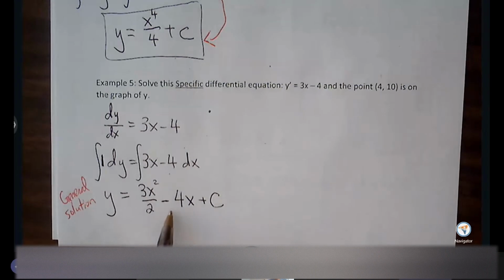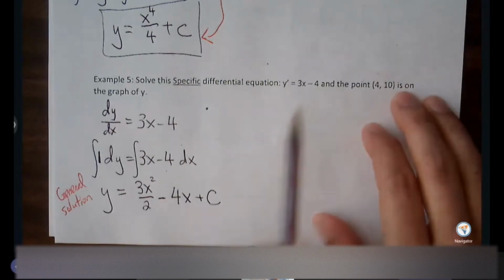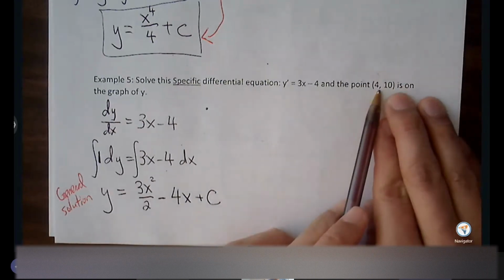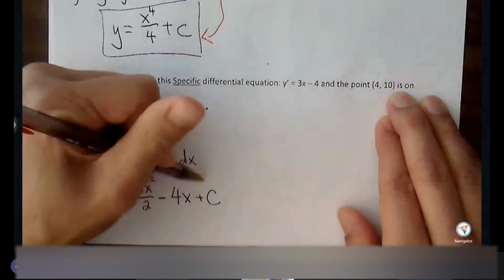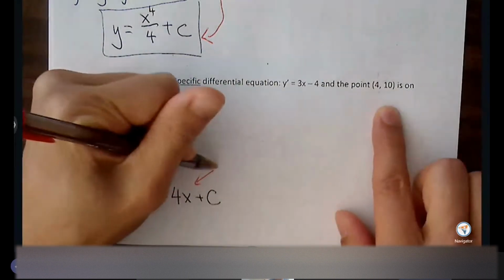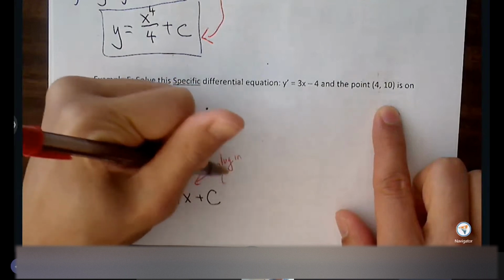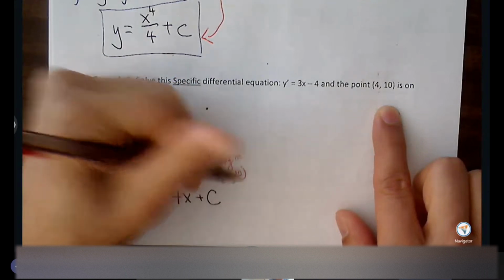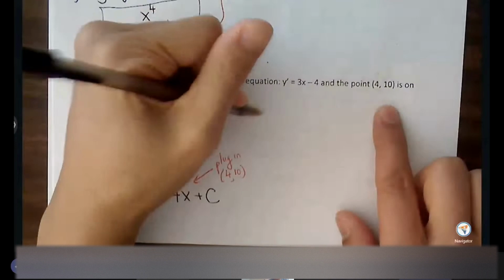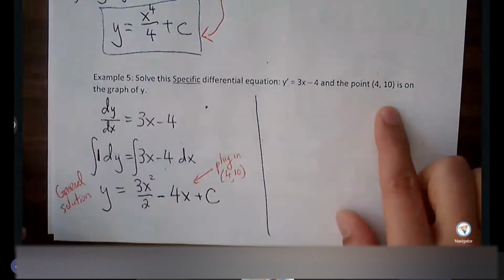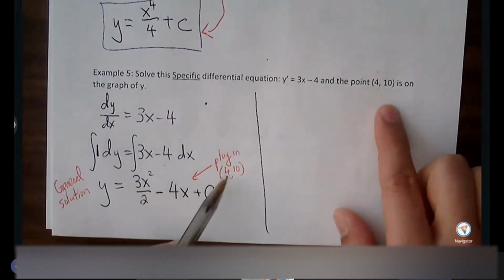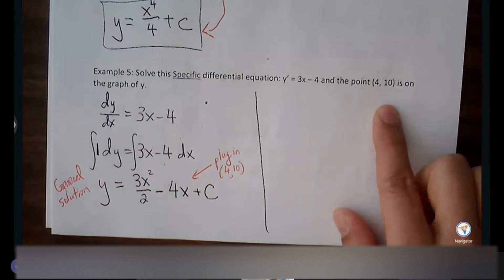So to move from general to specific, we're going to involve the ordered pair. We're going to plug in (4, 10). Four goes in for x, 10 goes in for y.